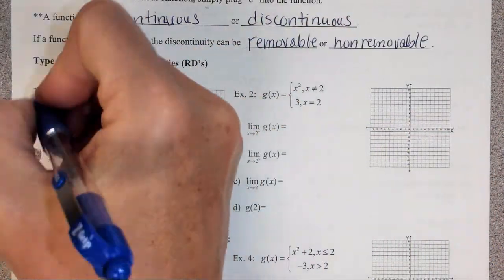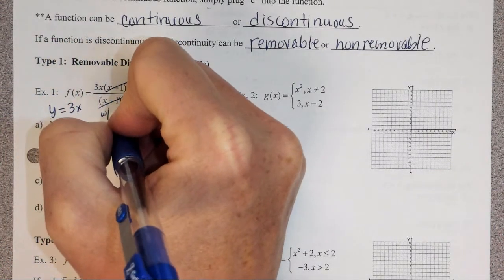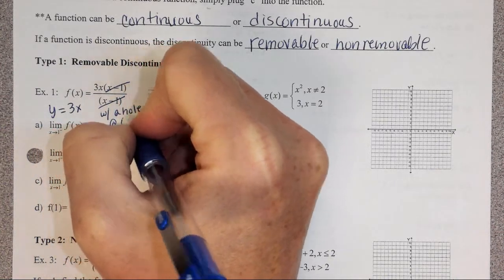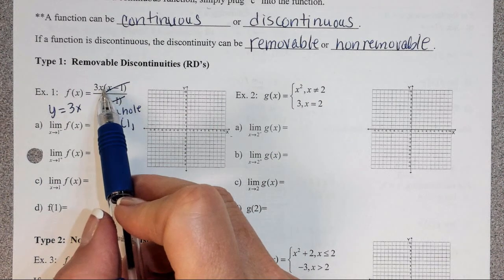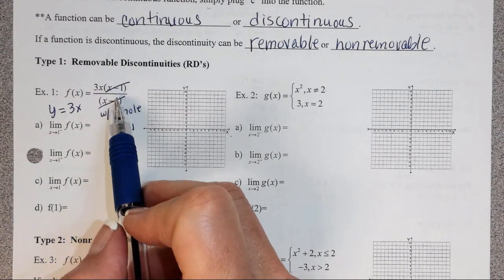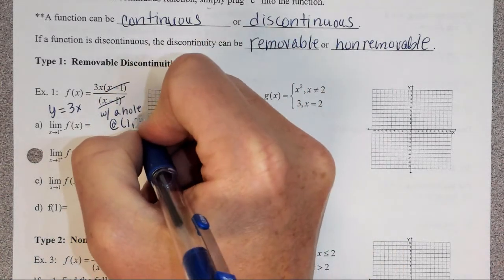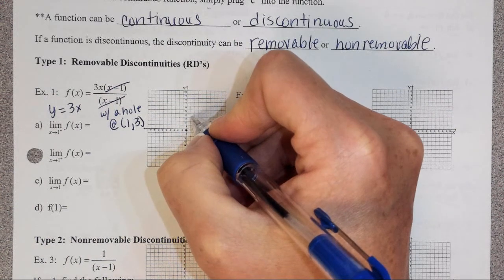So this function is y equals 3x with a hole at 1, comma, plug it back into the factored form rather, and canceled form. So 3 times 1 is 3. So we're going to be graphing the line y equals 3x.